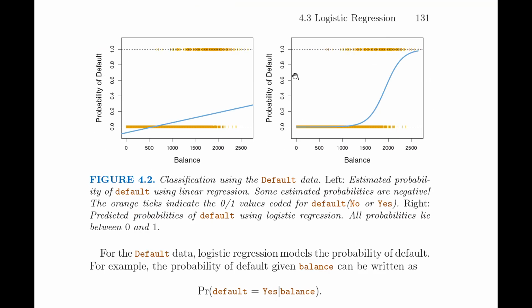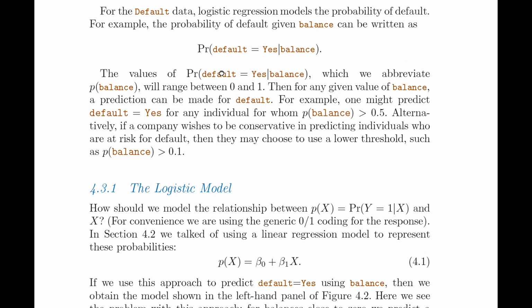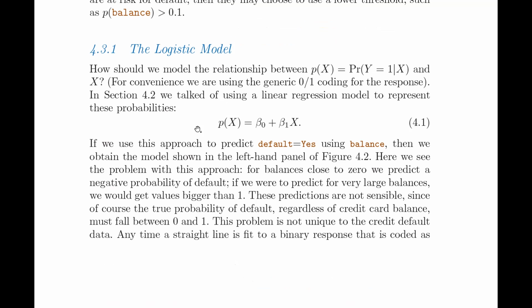So now we're looking at this chart over here. If we use this approach to predict default equals yes using balance, then we obtain the model. At this stage in the book, we haven't yet described how to create this model.